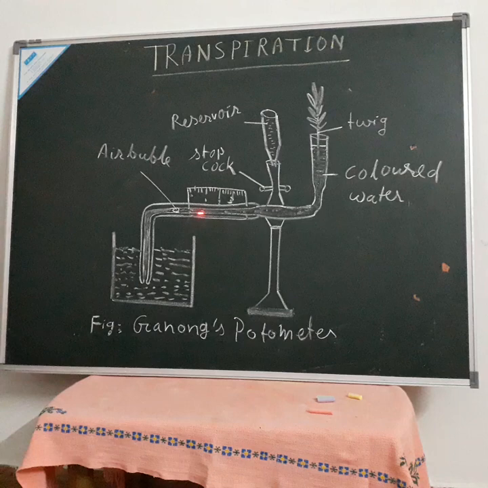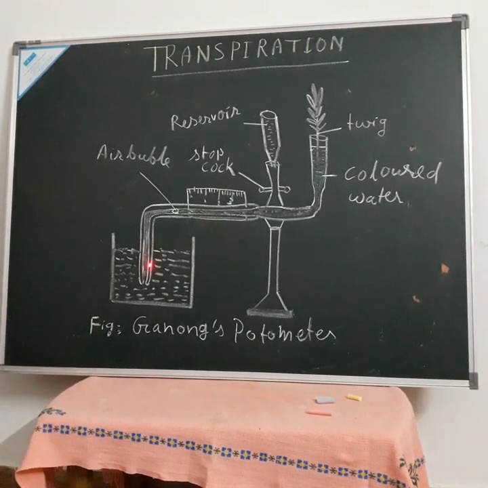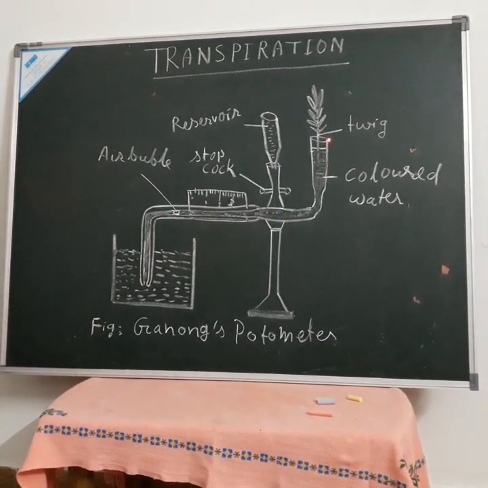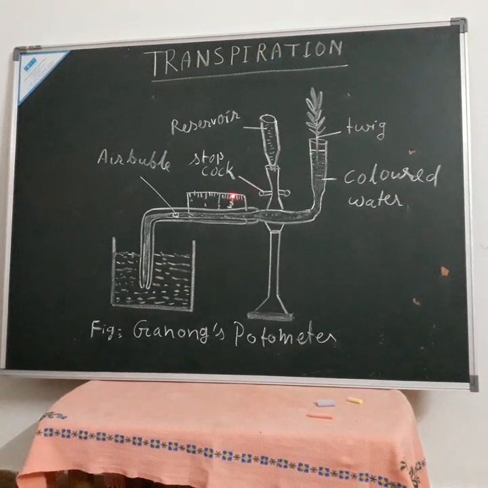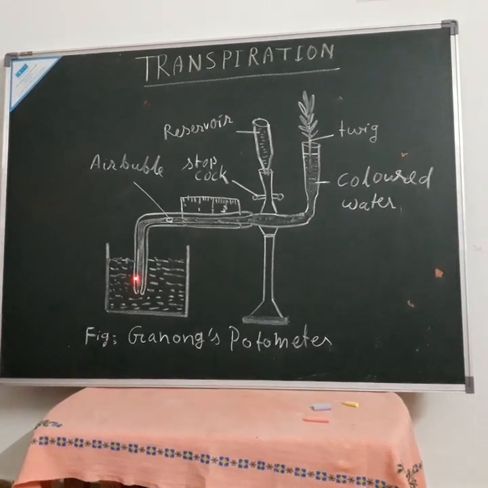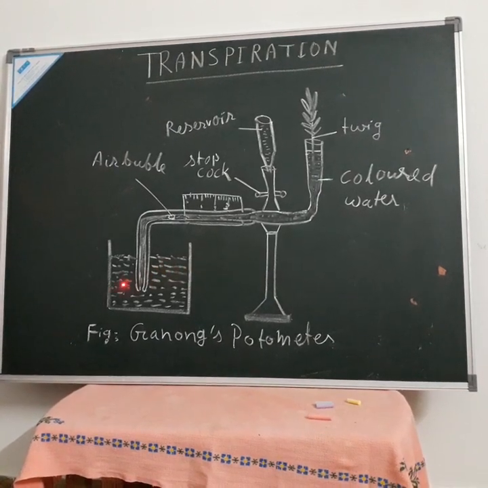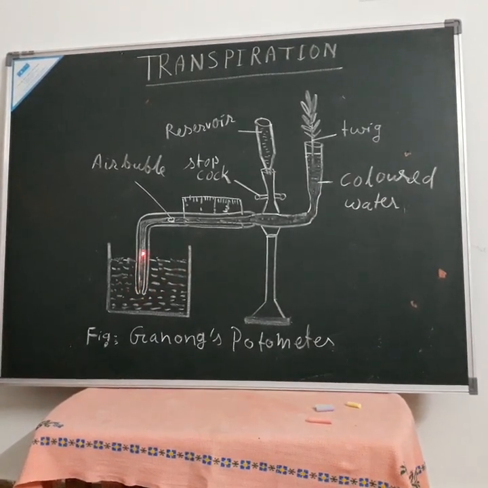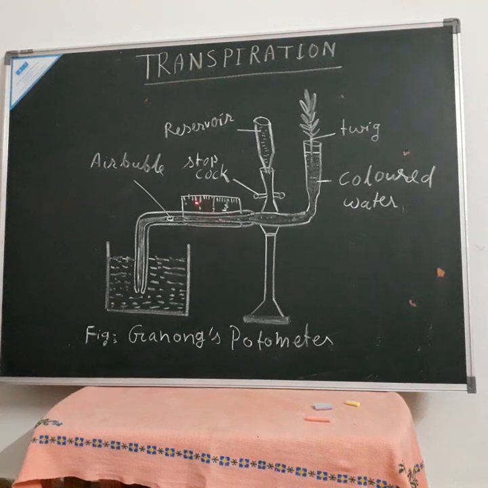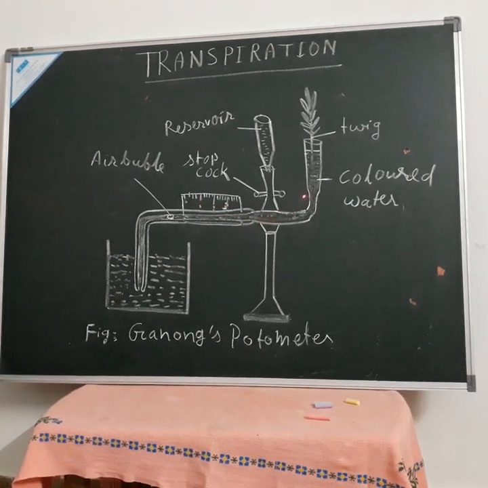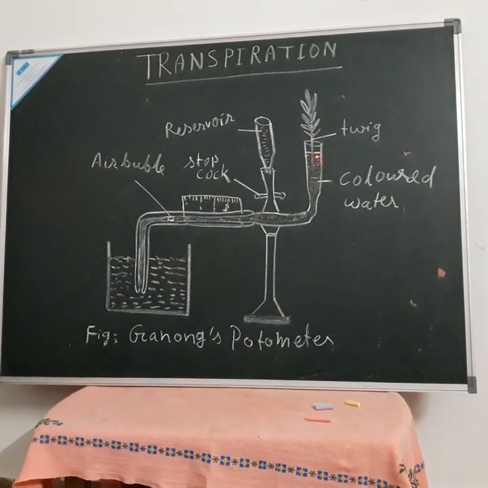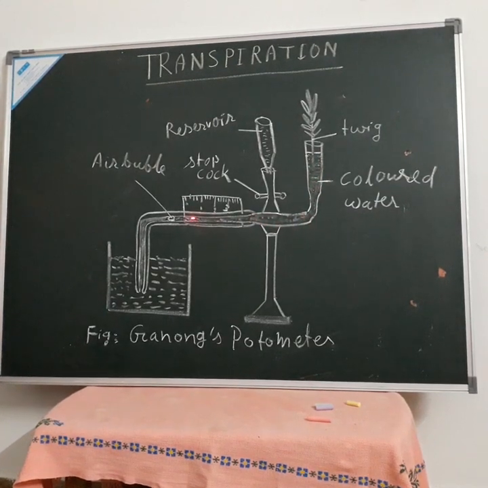Ganong potometer. Here you can see the apparatus of the Ganong potometer. The complete apparatus you need to know: a beaker taken full with water and a bent capillary tube, a graduated tube, and the whole apparatus is full of water.